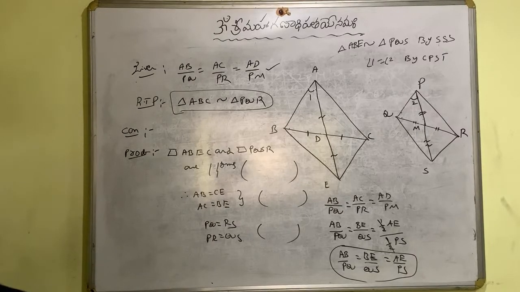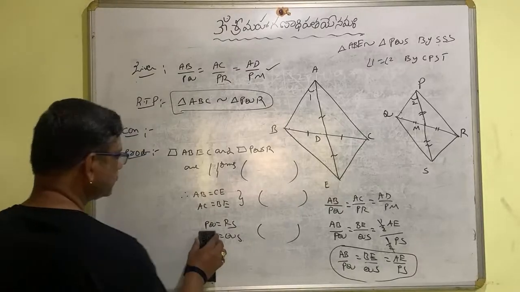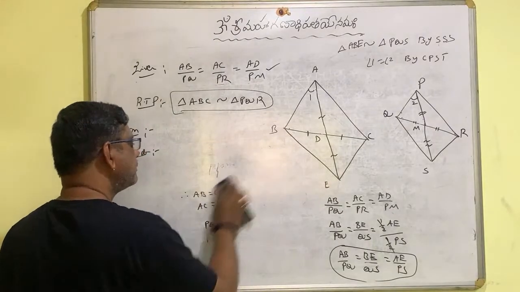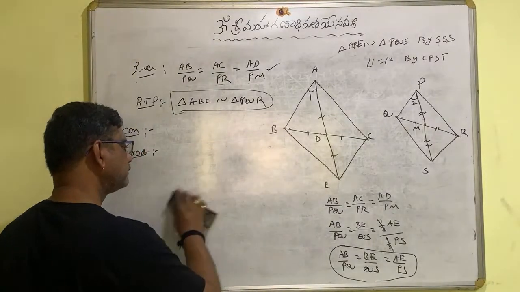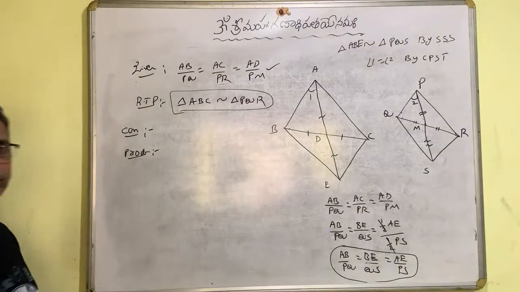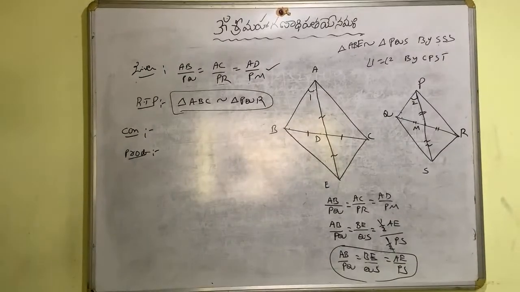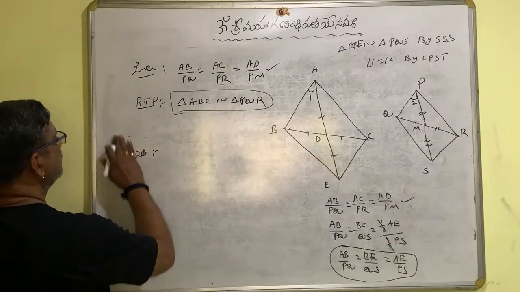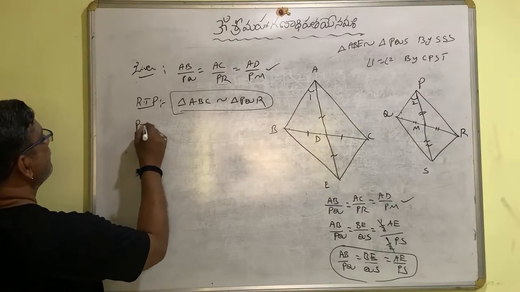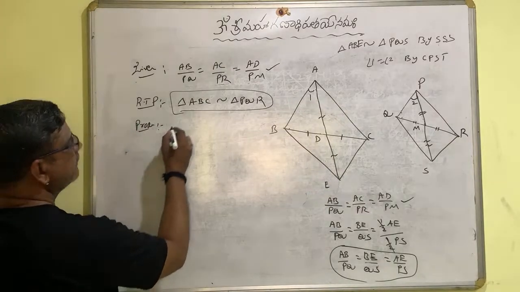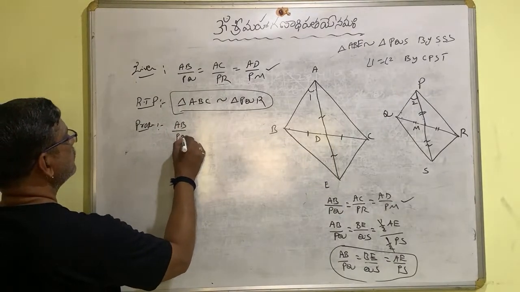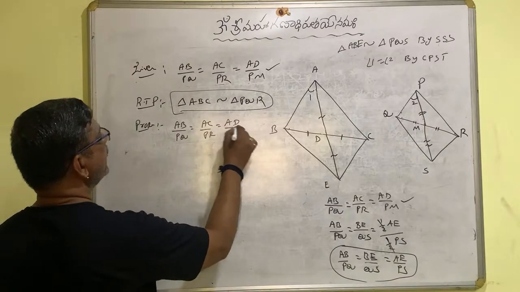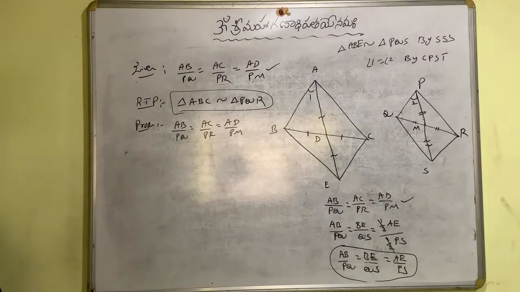Now I am taking out this part of the answer. Again I am considering the first one: AB by PQ is equal to AC by PR is equal to AD by PM.